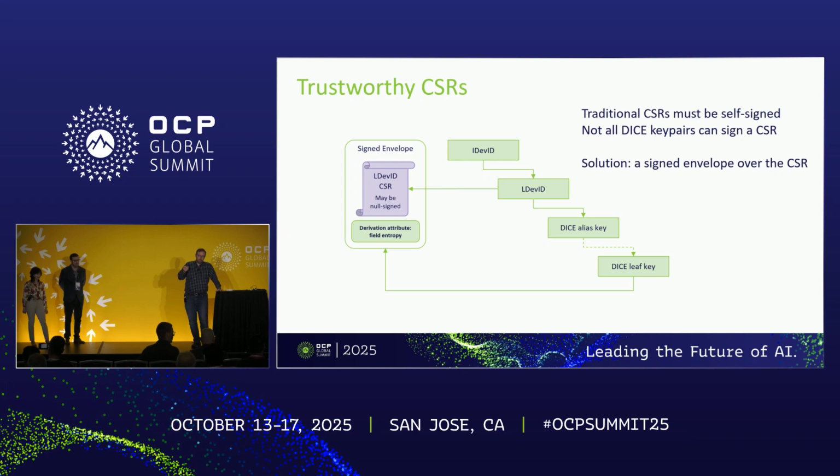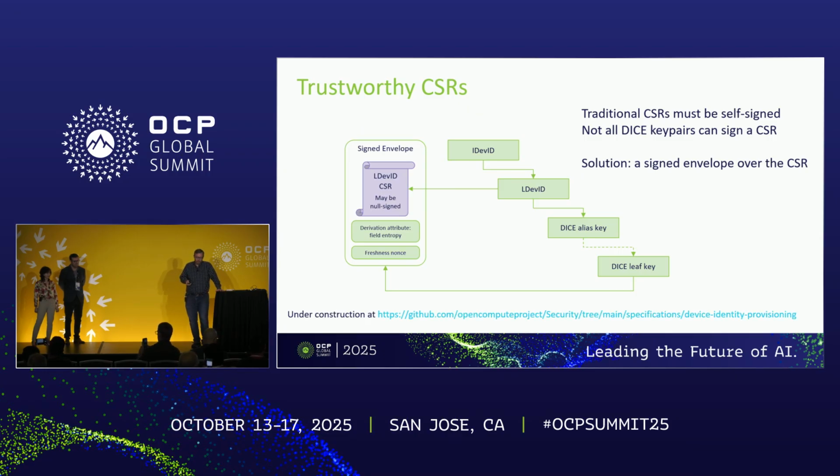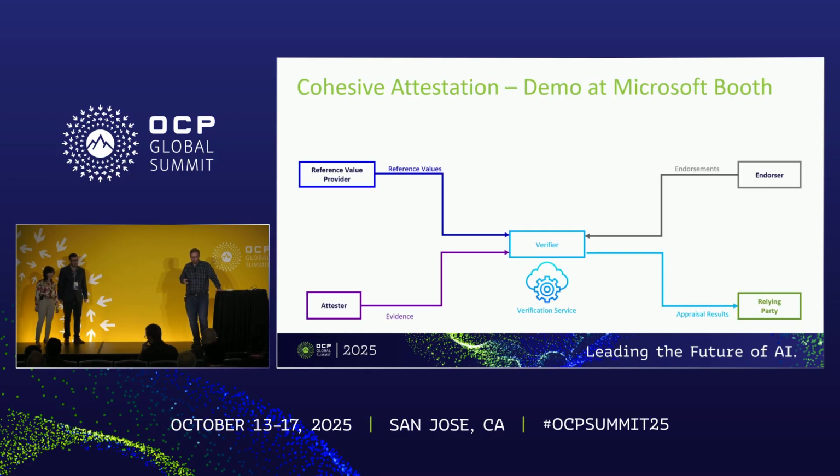We can include derivation attributes, so you know what ingredients went into that key, so you know which key you want when you're issuing a certificate, and a freshness nonce as well. This is all under construction at this repo, where we are defining the formats and commands to interact with the device to get this stuff. So come on to the OCP security project and help us out.